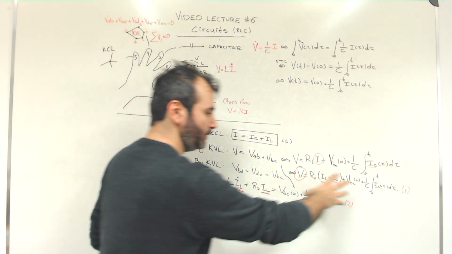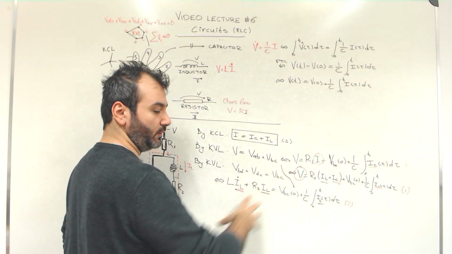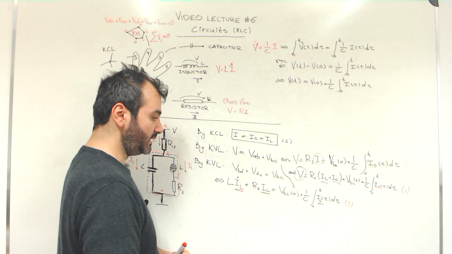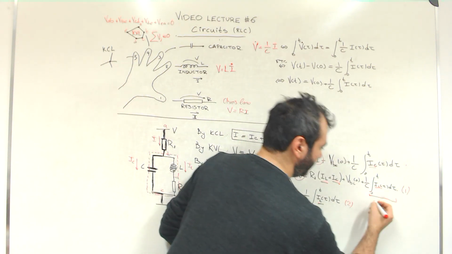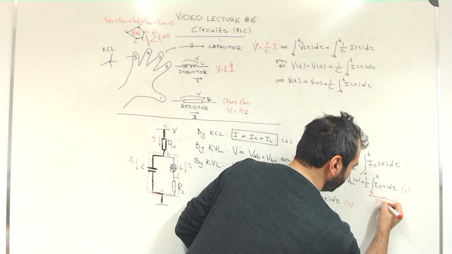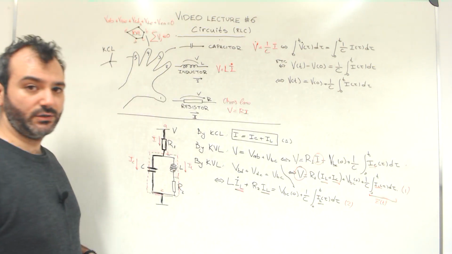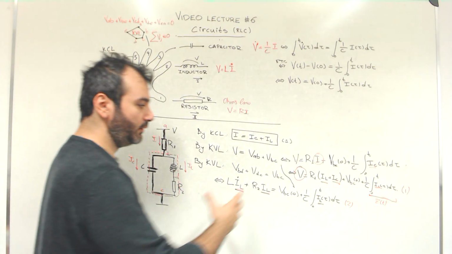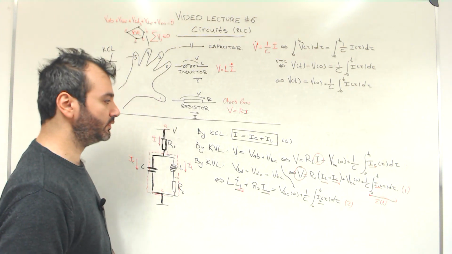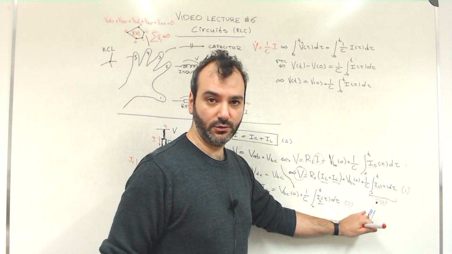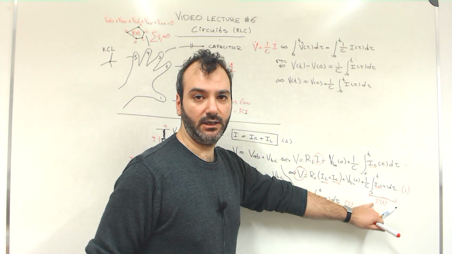If you like now, you can turn these 2 equations into a state space representation. The procedure is to take that integral and call it variable z of t, or however you wish to call it, and then follow the procedure we discussed in lecture number 2. Of course, this is one approach that leads to an integral differential equation.